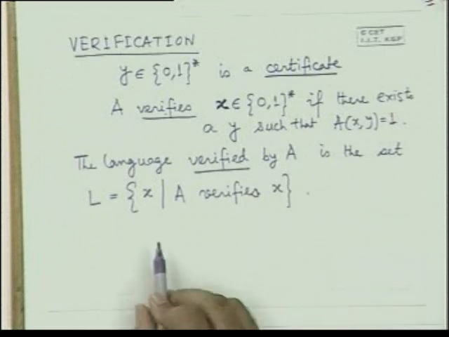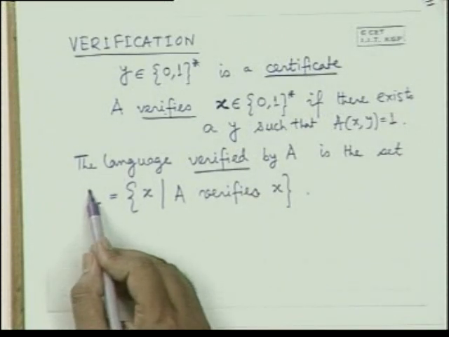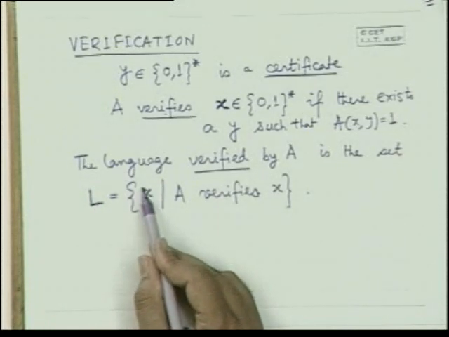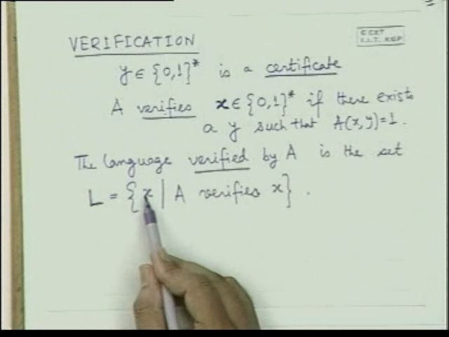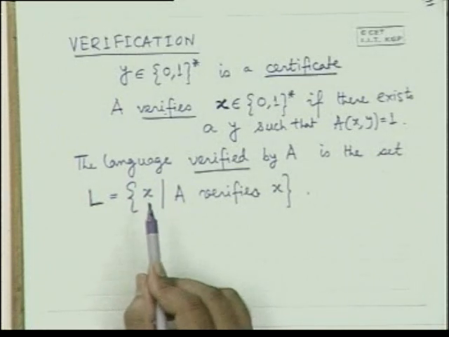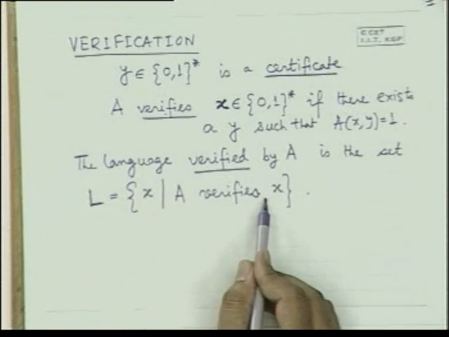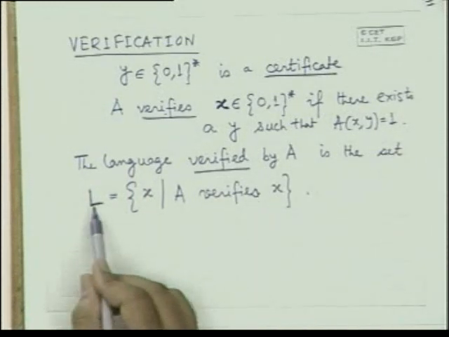So what does it mean? Again, let me take that example of the Hamiltonian circuit problem. What is your L? Basically those strings which represent the Hamiltonian graphs, because for those graphs there exists an algorithm which can verify that string x. So this is L.